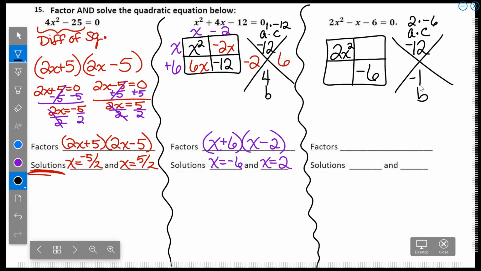Adds to negative 1. What numbers will do that? 3 and negative 4. So I'm going to have 3x and negative 4x that go inside here.